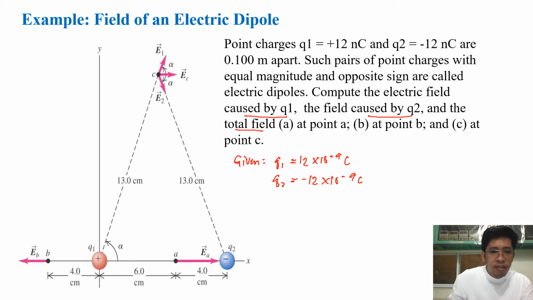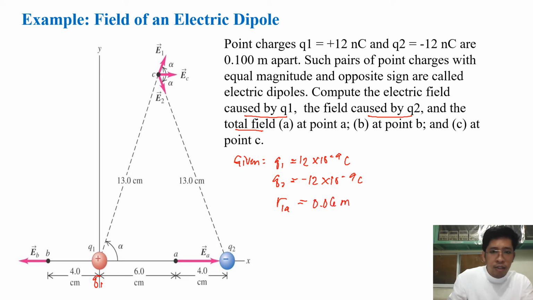From Q1 to point A, let's call that R1A, the distance from Q1 to point A, that is just 6 centimeters or 0.06 meters.